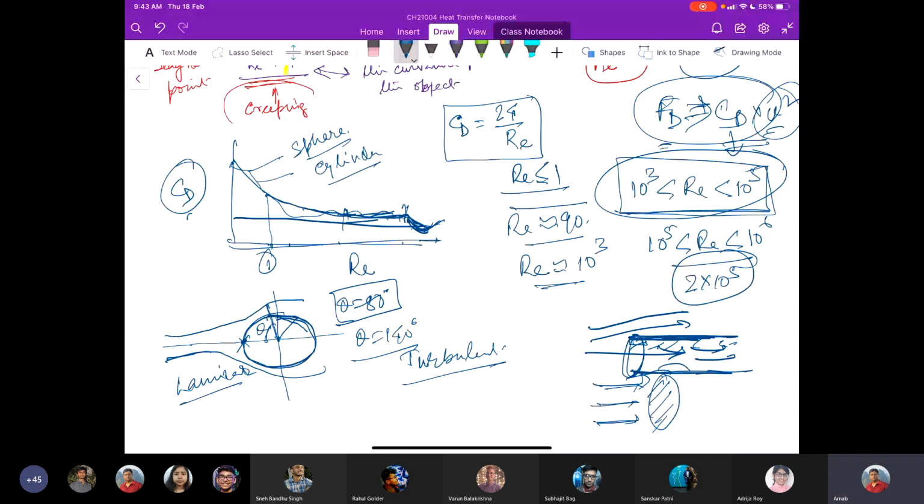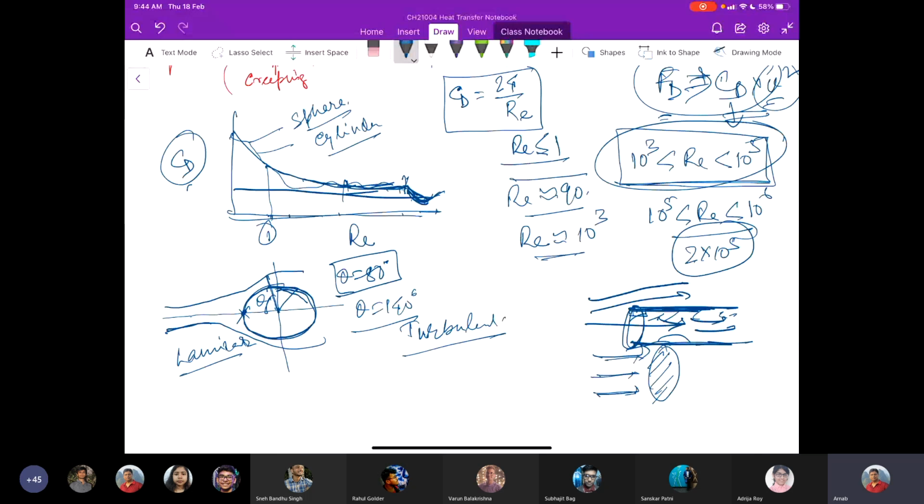So in these cases, an increase in surface roughness actually decreases drag coefficient. Why does this happen?